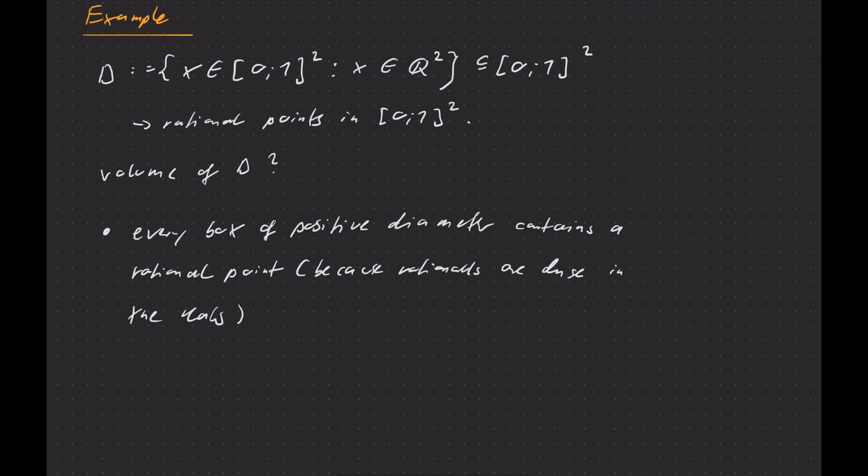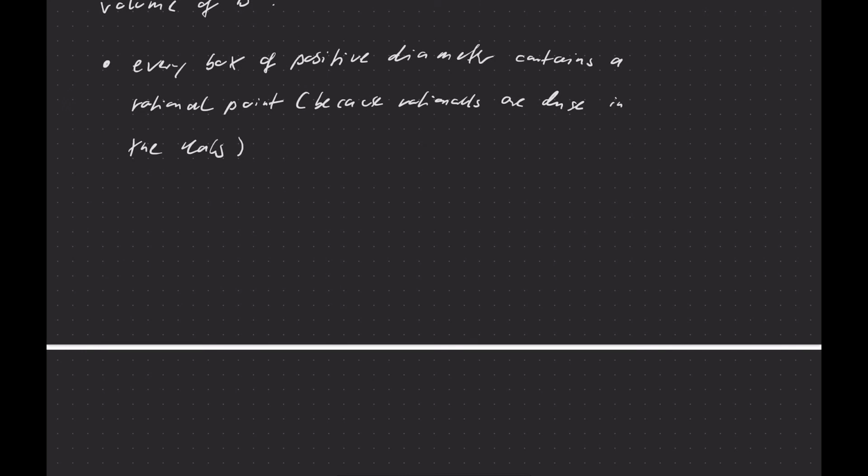It's 0 on all the non-rational points because those are not in D, and it's 1 on all the points that are in D. So for every box of positive diameter, there's always a point in that box that is contained in D. So the maximum of the one function on that box is always 1. The minimum is always 0, on the other hand. And that's the second point that we should mention: every box also contains an irrational point.